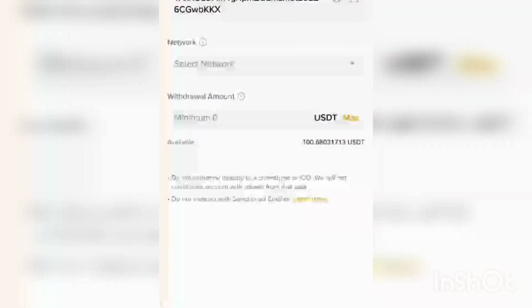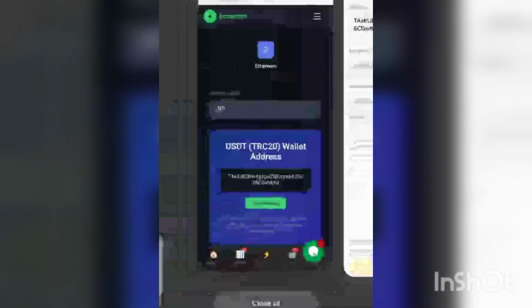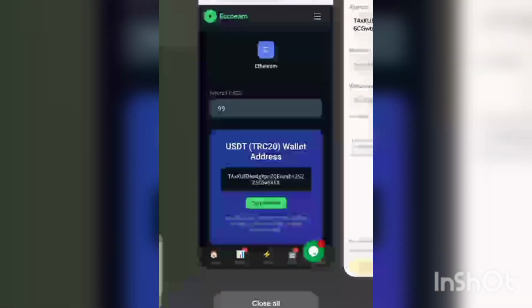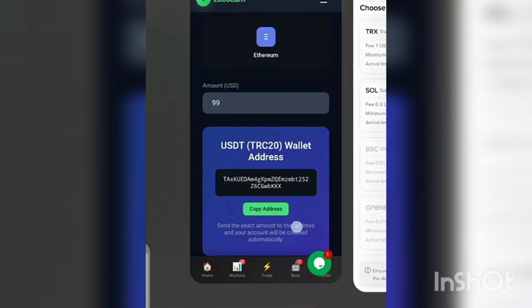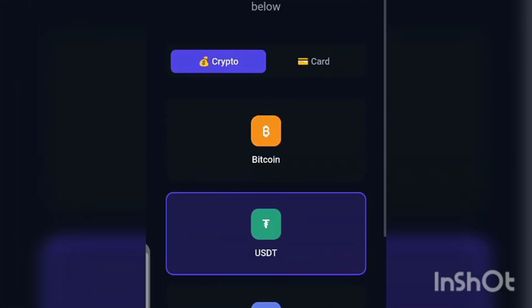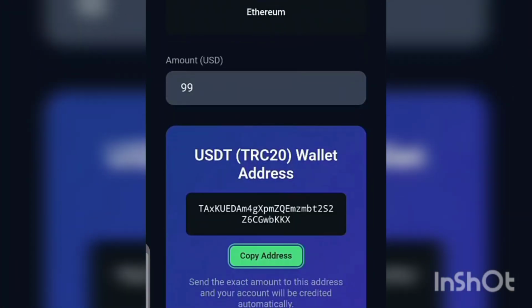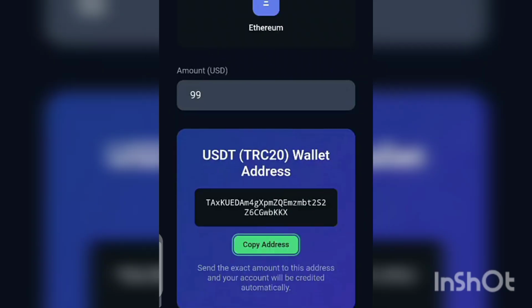You paste your address and cross-check it with the one you have in your wallet to make sure that it is correct. I'm gonna be selecting TRC20, which is Tron, to make sure that we selected the proper network.